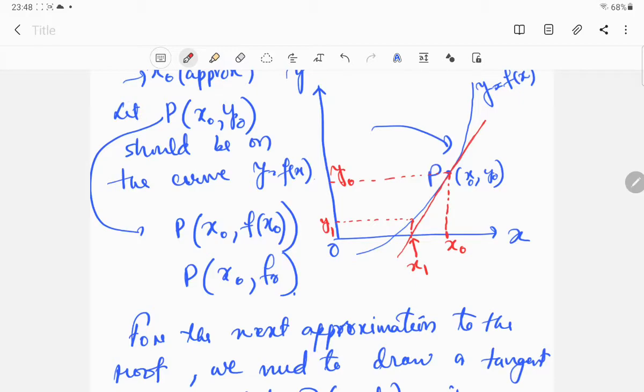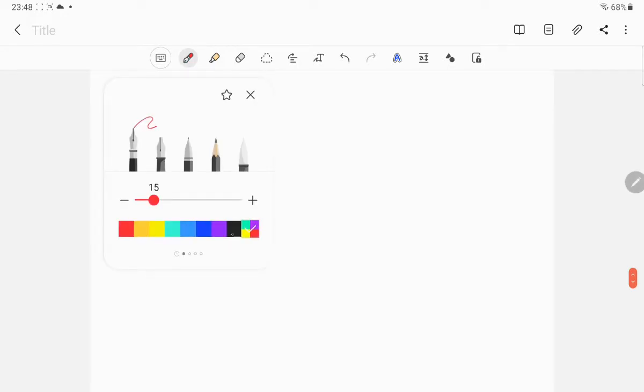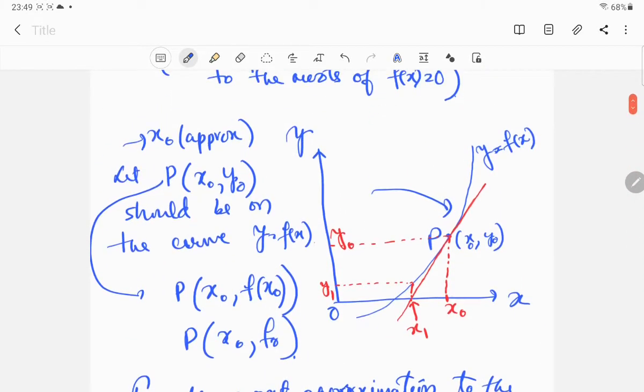The equation of the tangent for the curve y = f(x) can be written as follows, because we have drawn a tangent now.